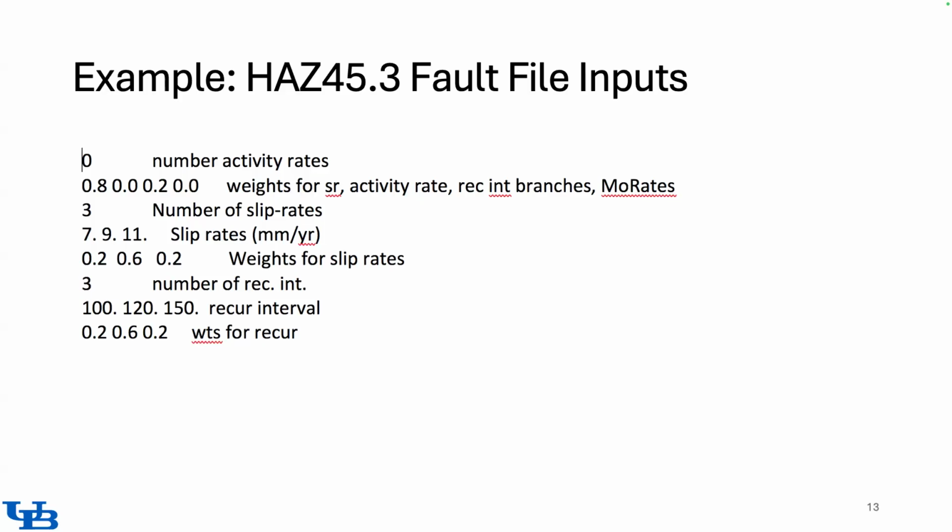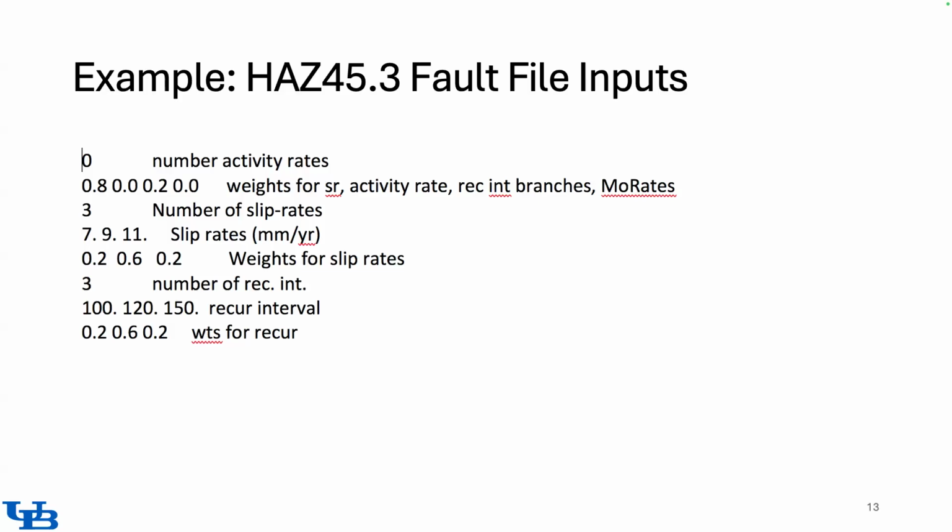Then you can define the activity rate. We saw that you can define the activity rate either in terms of its slip rate, or like the activity rate that comes from historical seismicity, or through a paleoseismic study.